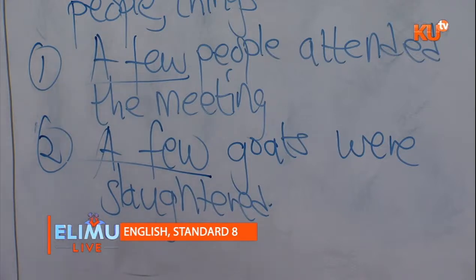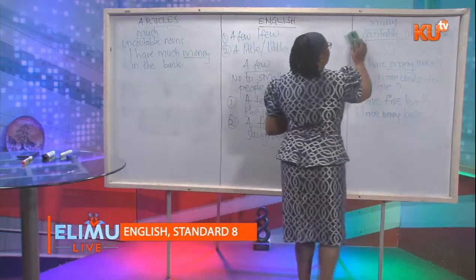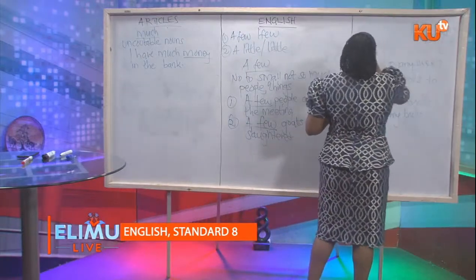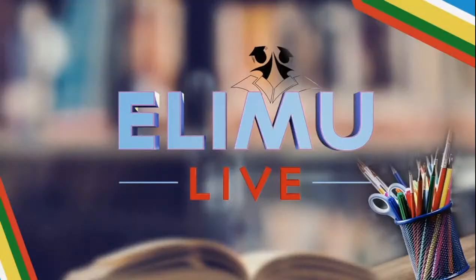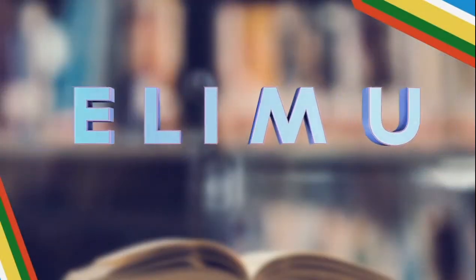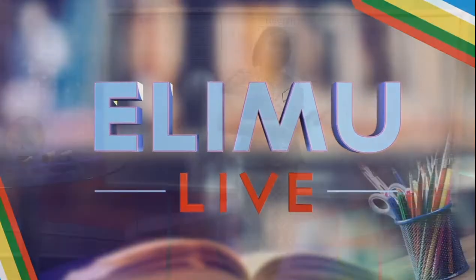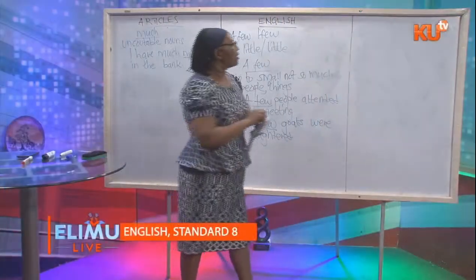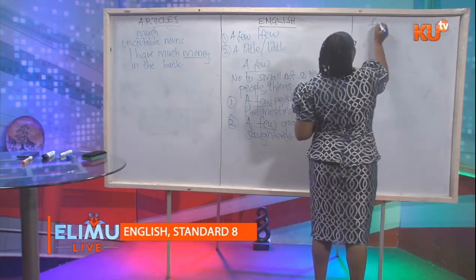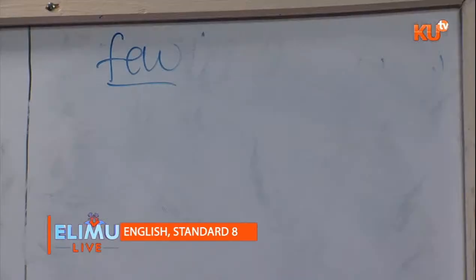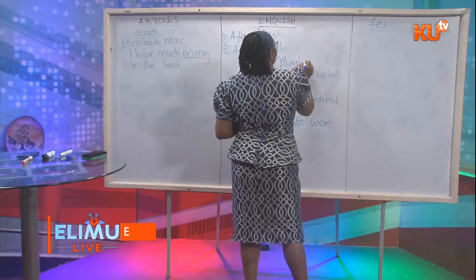Then we look at the use of the word few. The word few is another determiner which is usually confused with a few. We are going to see the way it is used and how to differentiate their uses. Now the word few is also used with plural countable nouns.